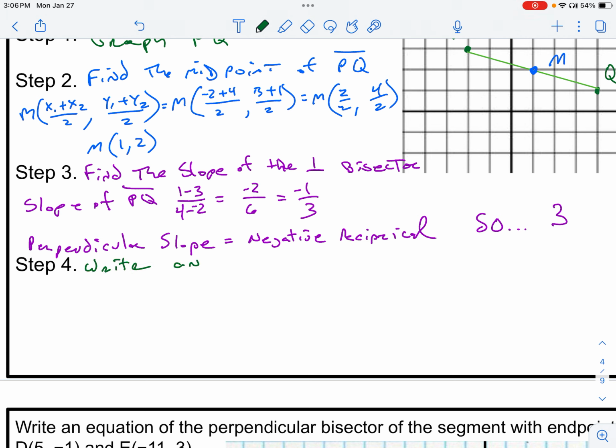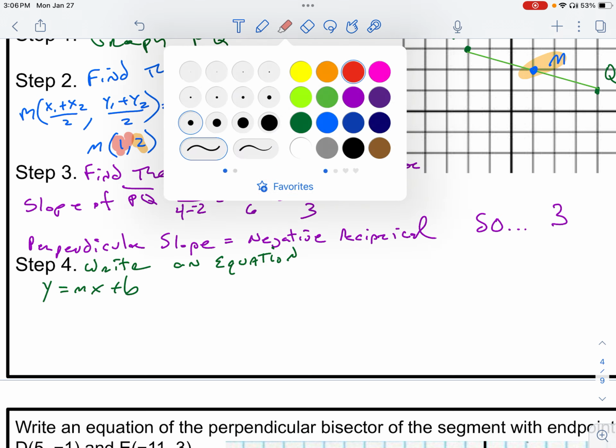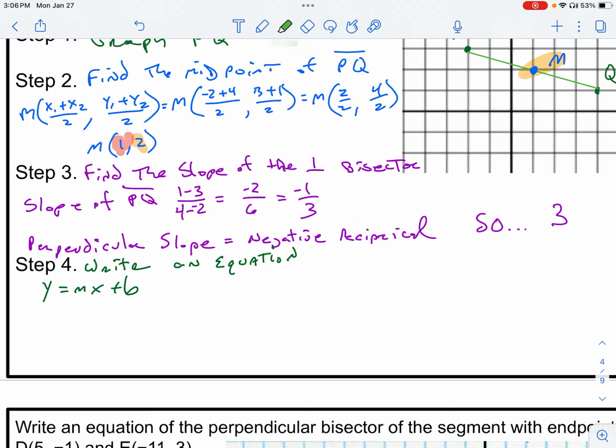So let's write an equation. We know y equals mx plus b. We're writing the equation of the line perpendicular, and we know a point on that perpendicular line. It's our midpoint. So here's our y, here's our x, and here is our m.